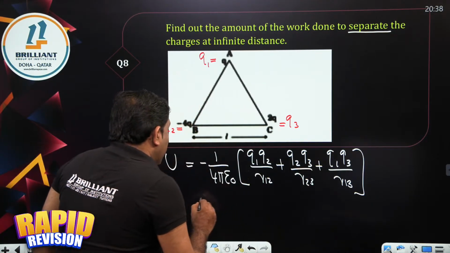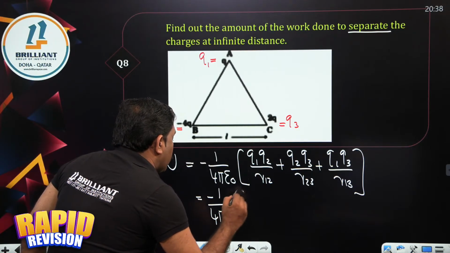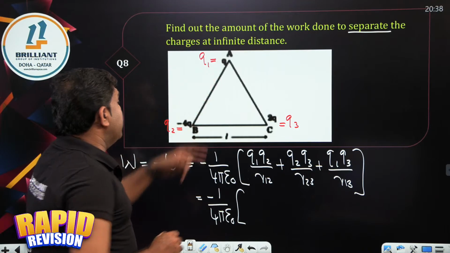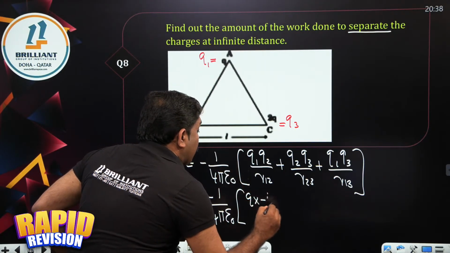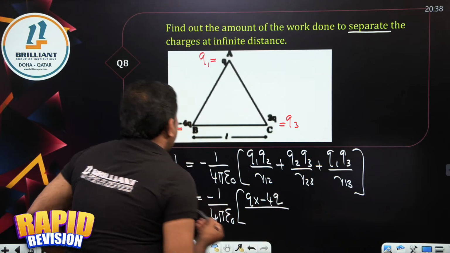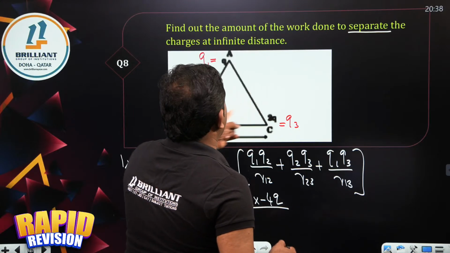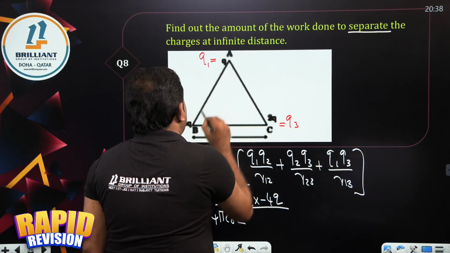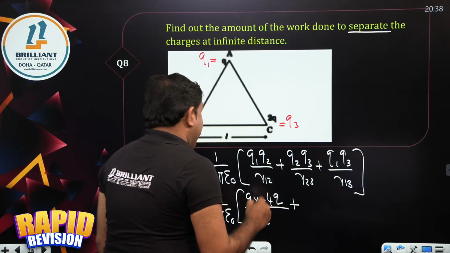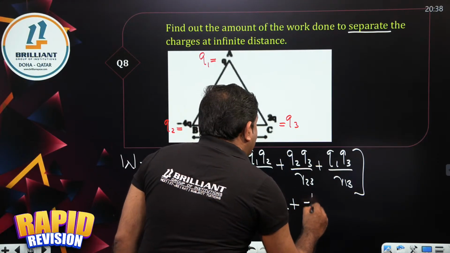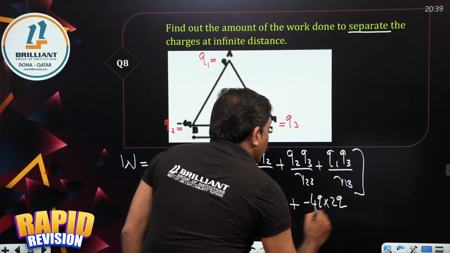So it's coming minus 1 by 4 pi epsilon 0 into Q1 is Q, and Q2 is minus 4Q, divided by, look, it is an equilateral triangle, so the separation is already given, it is L. So I can write L, plus Q2 is minus 4Q and Q3 is 2Q.